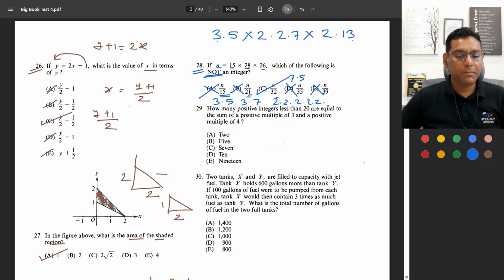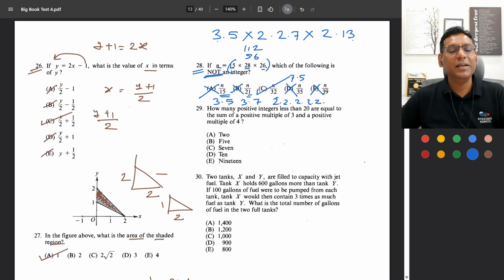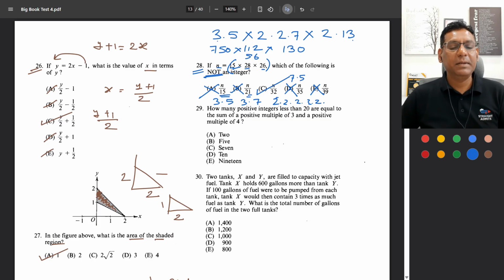Very interesting problem. See, the numbers could have been very bad looking numbers also, like big numbers. For example, it could be 56 or maybe 112 also. But the logic would have remained the same. If they want to really increase the complexity, they can write something like 750 into 112 into, I don't know, 130. Then obviously the answer choices and everything would change, but the method would remain the same.